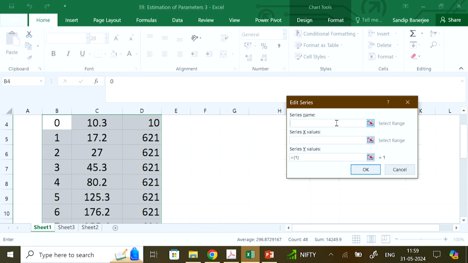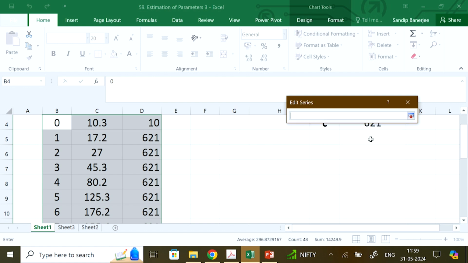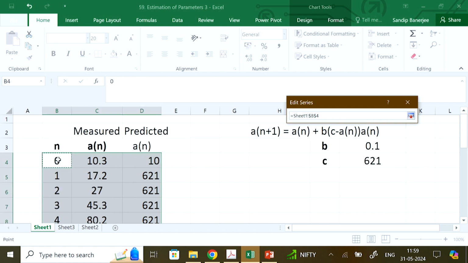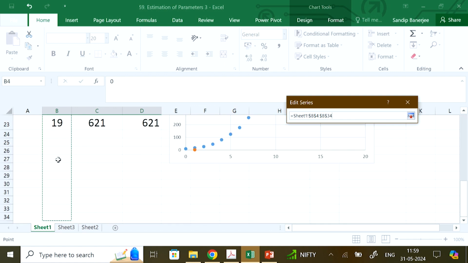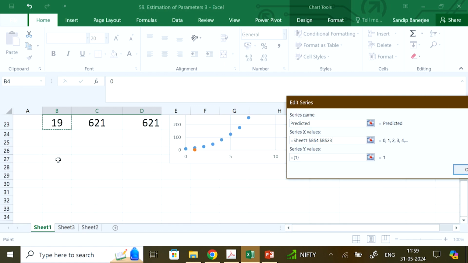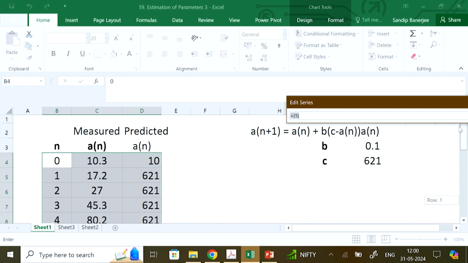This is the predicted. So the values of n, enter, and the values of predicted.